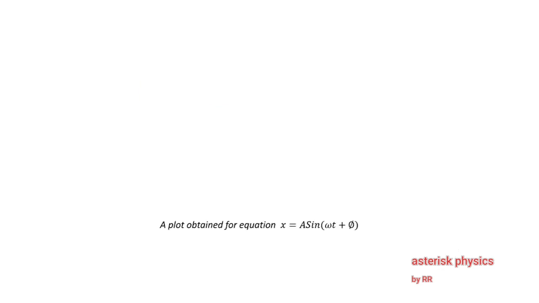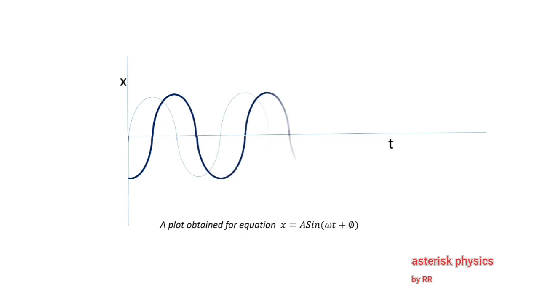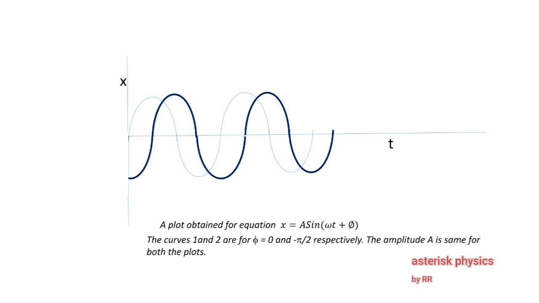Now we'll plot the equation x is equal to A sine omega t plus phi for two oscillating particles, and we get a graph like this. From this graph, it is clear that for the first wave, indicated by the blue line, at t is equal to 0, x is found to be 0.